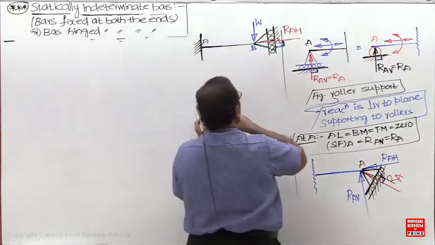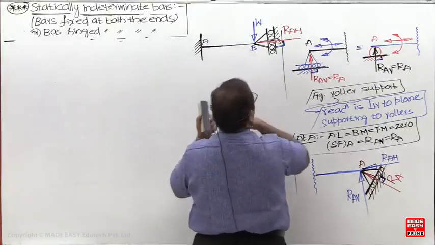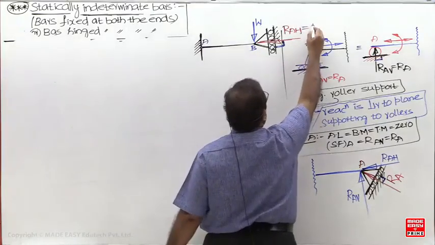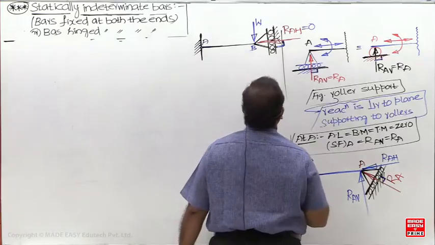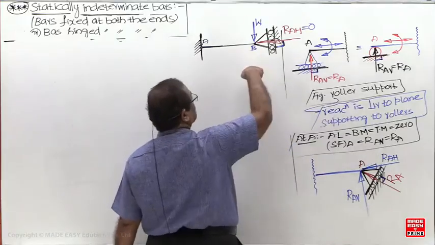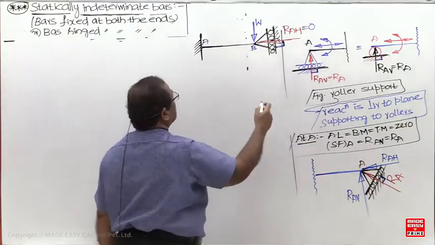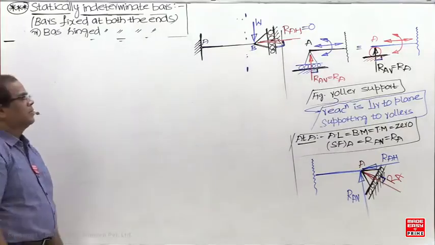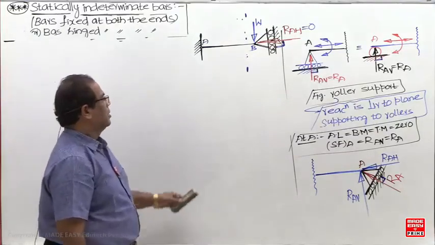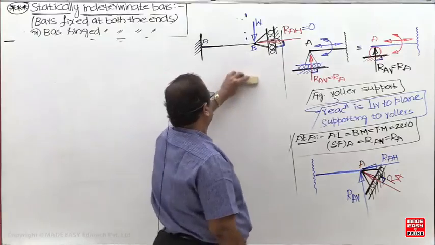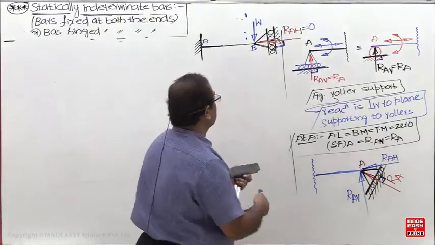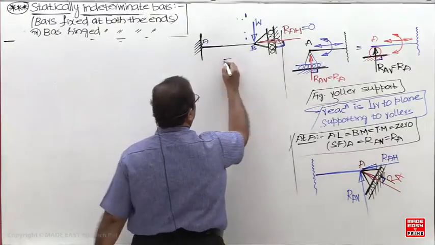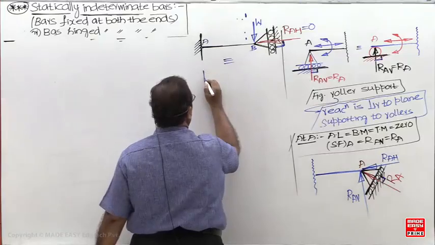So there is no use of this support. Here, vertical motion is permitted. So this can be considered a cantilever beam subjected to a point load.